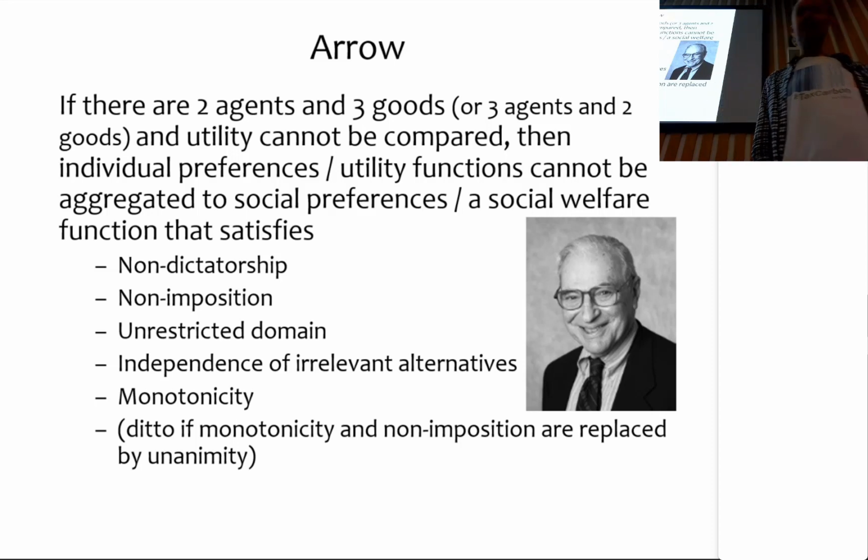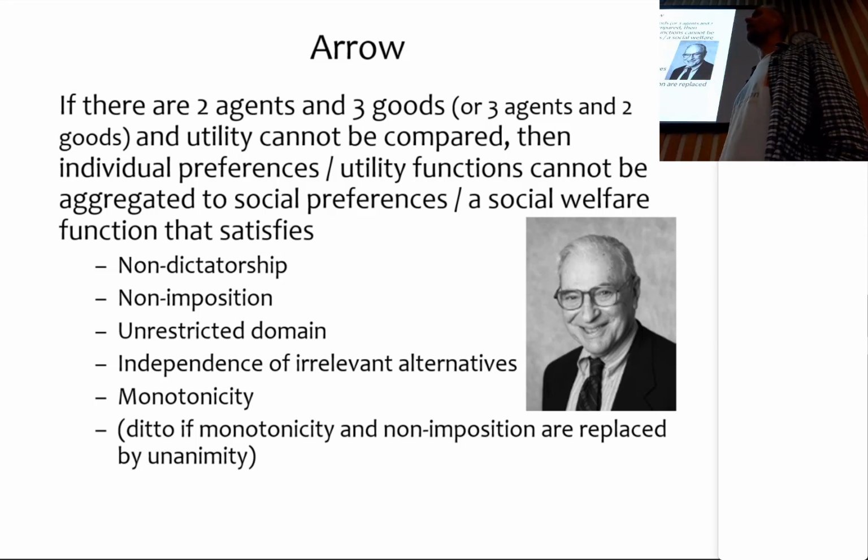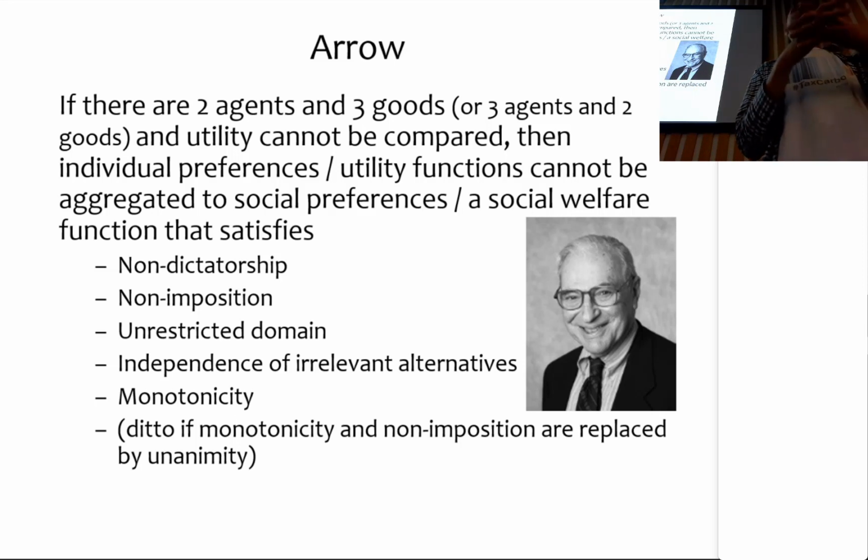But Arrow, a very young Arrow, much younger than the picture that you see here, showed that if you have an economy with 2 agents and 3 goods, or 3 agents and 2 goods, and we cannot say how happy other people are, we cannot directly compare utility, then you cannot take individual preferences and aggregate them to a social preference function or a social welfare function if that social welfare function meets the following criteria.